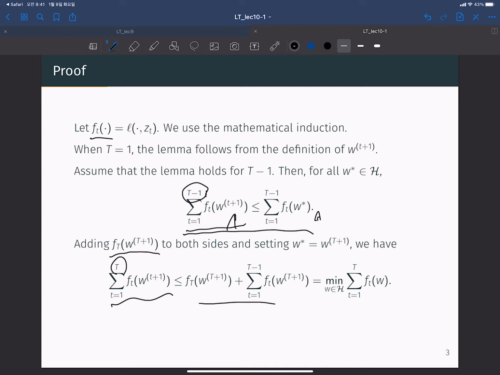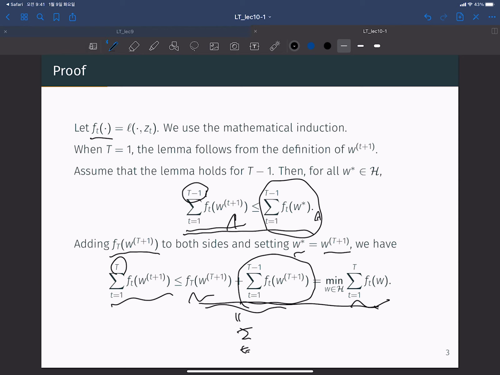For the right-hand side, we just add f_T(w_{T+1}) to this. Okay, we have this. So when we set w star to w_{T+1}, this is just the summation from 1 to T of f_t, which is equal to the sum from t equal to 1 to capital T of f_t(w_{t+1}).